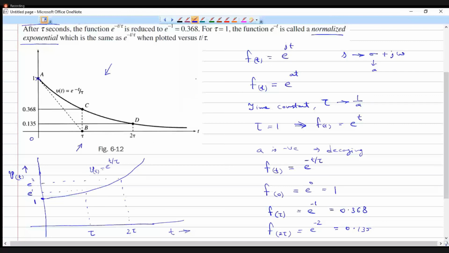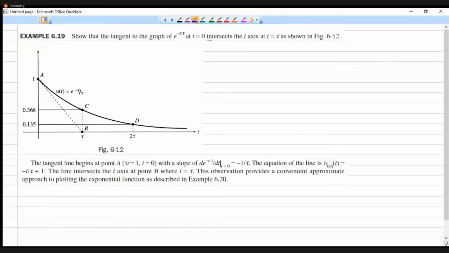Let's move on. Another significance of this time constant is represented by this example. In this example, you are asked to show that the tangent to the graph of e power minus t by tau at t is equal to 0 intersects the t-axis at t is equal to tau.